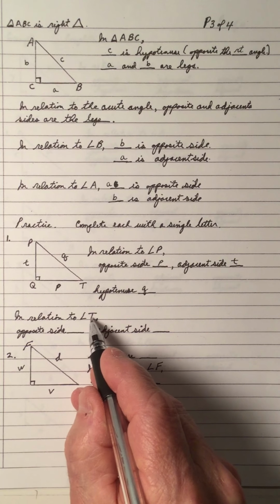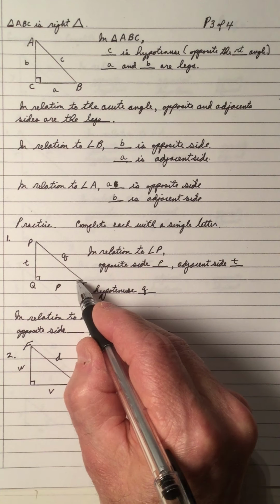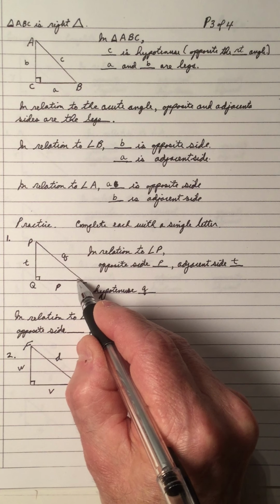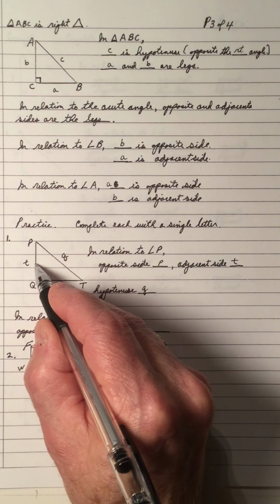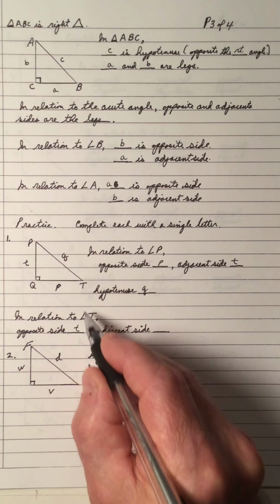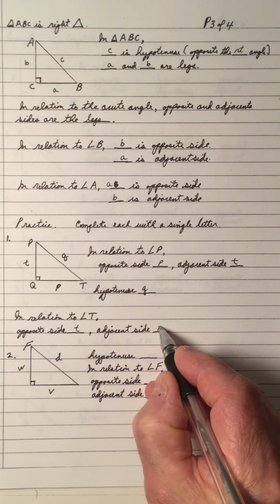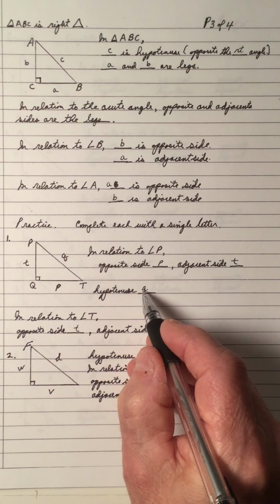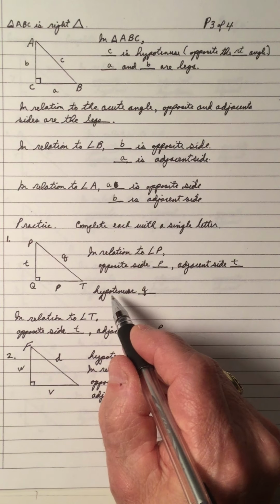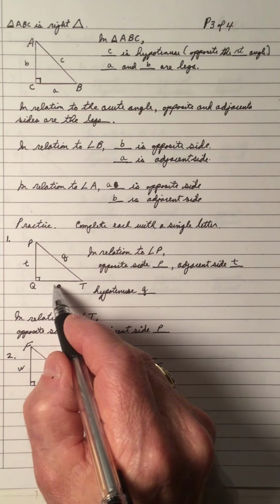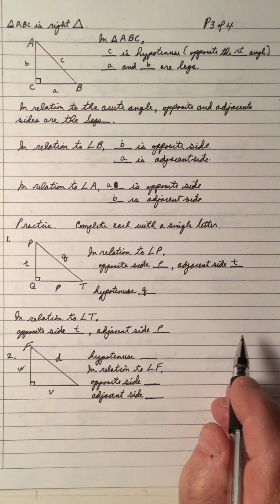In relation to angle T, now we're looking at angle T, the acute angle. The opposite side for angle T is t. The adjacent side for angle T is p. And don't forget, the hypotenuse is the hypotenuse. It's the two legs that are the adjacent and opposite.